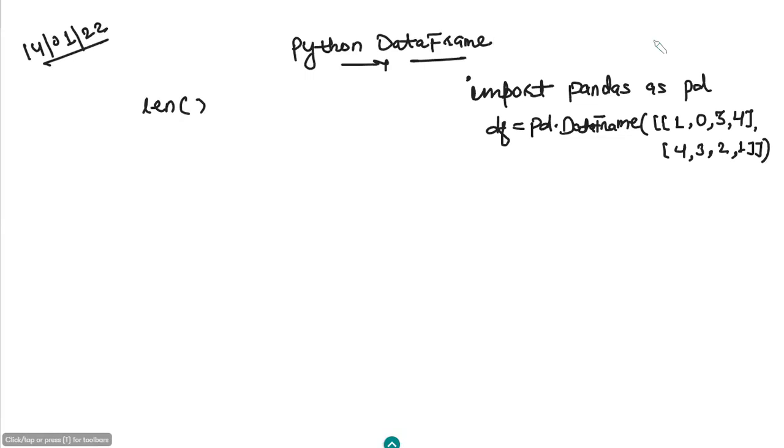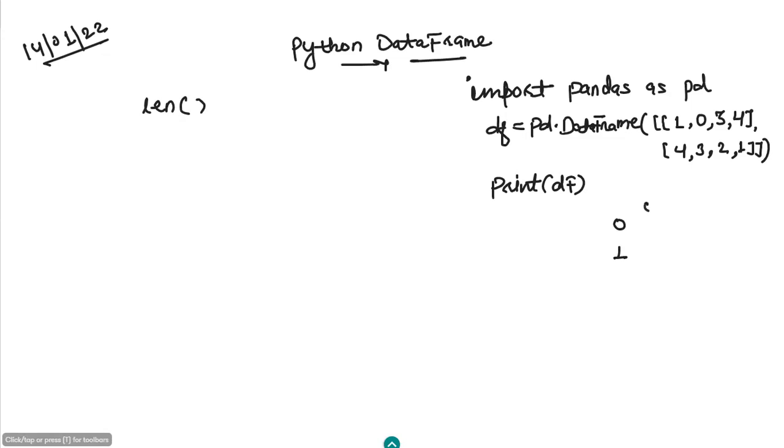Suppose if you are using that function, it returns the number of elements in the data frame. If I print the data frame by using the print function, I will write print df, to print the entire data frame. So what is the output here? The output will be we are having two rows, that is 0 and 1, in which we are having 4 columns.